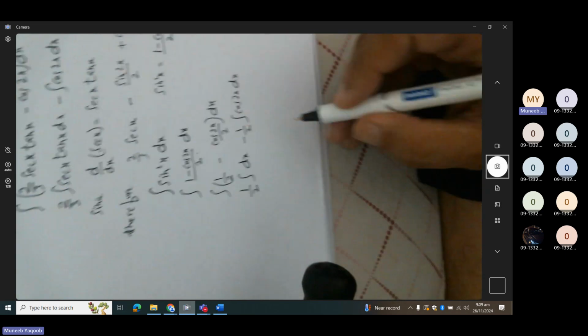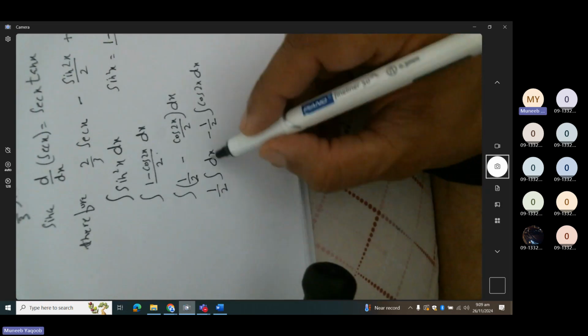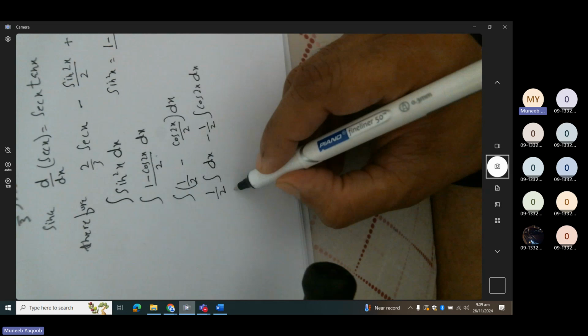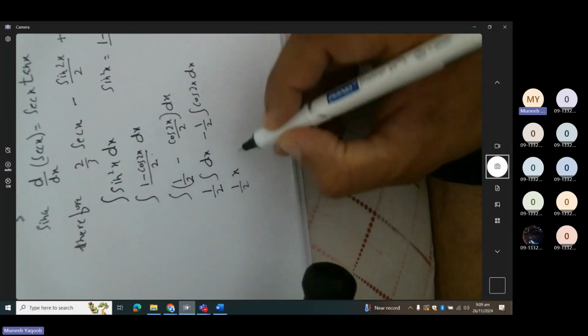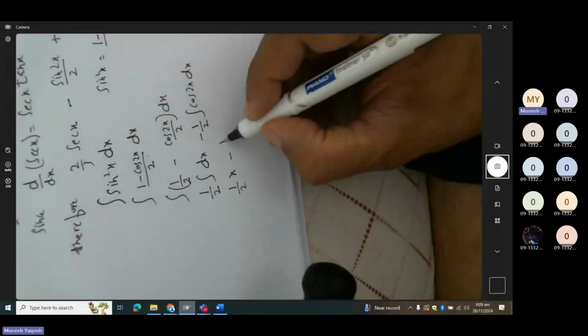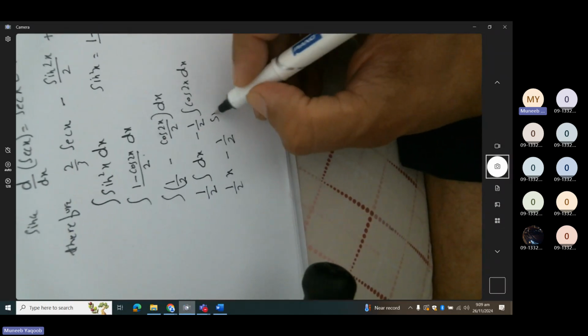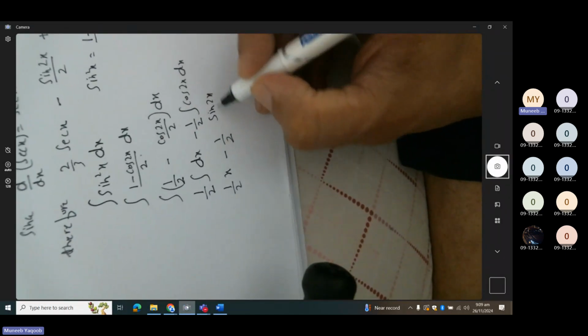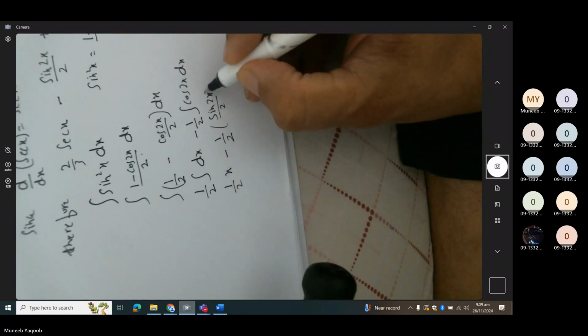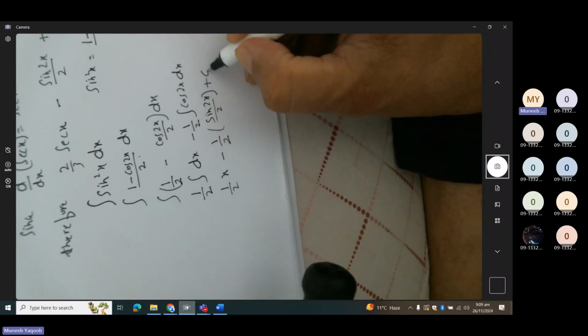Now we know that integral dx is x, so it will become 1 upon 2 times x. And for the second integral, integral of cos 2x is basically sine 2x upon 2 plus constant of integration.